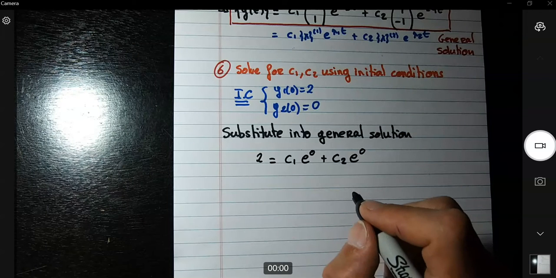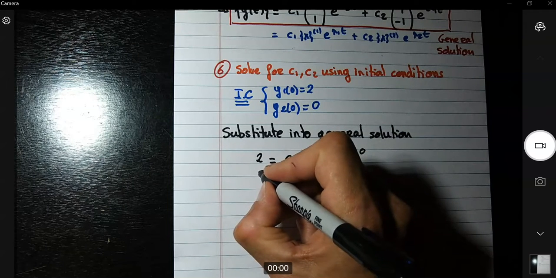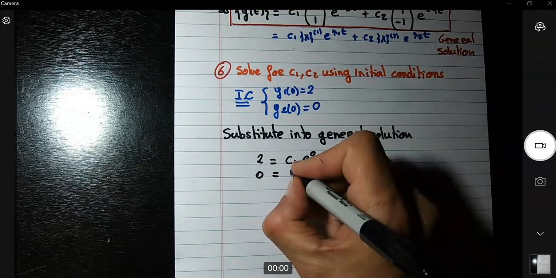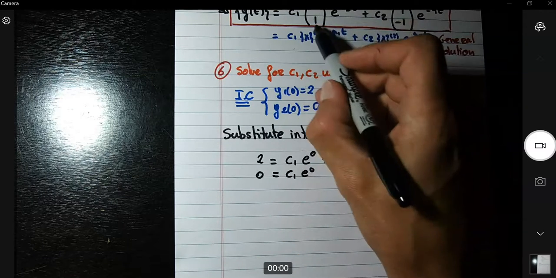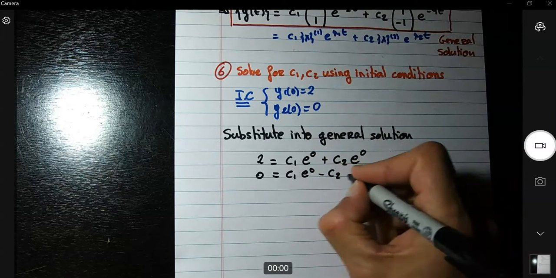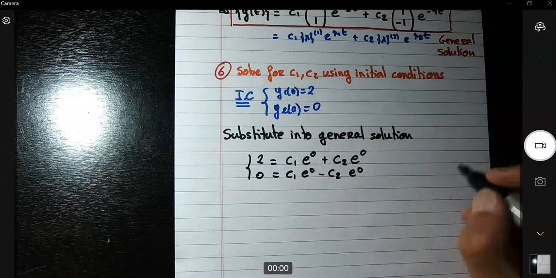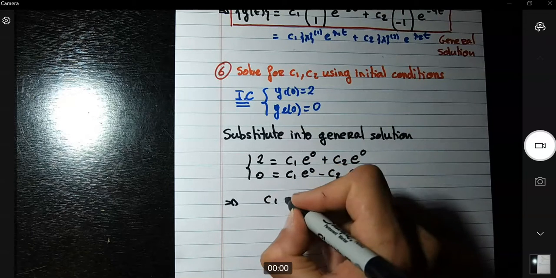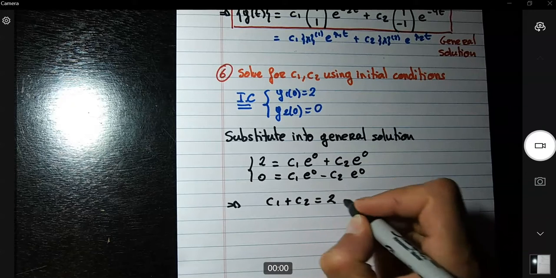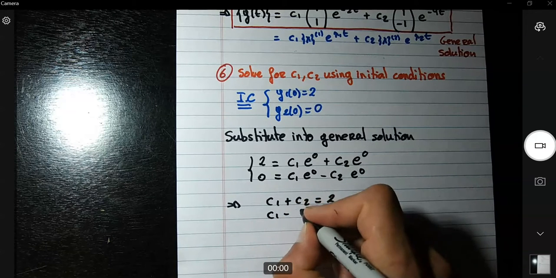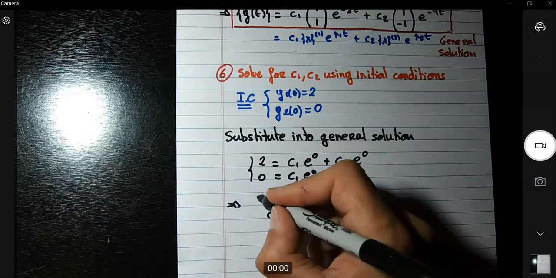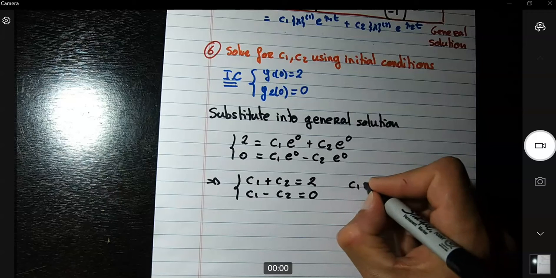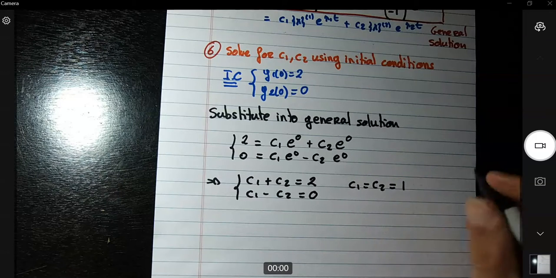And the second one, 0, will be equal to c1 e to the 0 minus c2 e to the 0. So this will give us a system of c1 plus c2 equal to 2, and c1 minus c2 equal to 0. Okay, so over here you can see right away that c1 will be equal to c2, and both will be equal to 1.